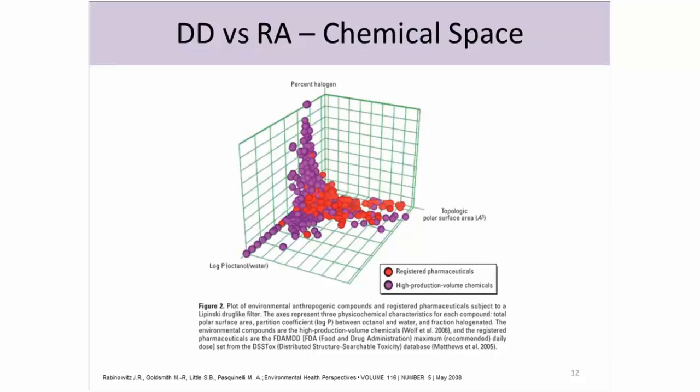The parameters used to plot this chemical space are lipophilicity, the number of halogens included in the molecule, and the topological polar surface area. So really very basic parameters. And you see how the chemical space of chemicals is much larger than that of drugs.